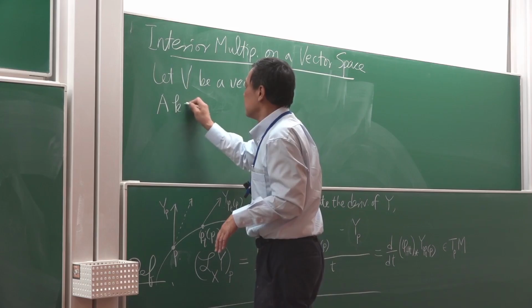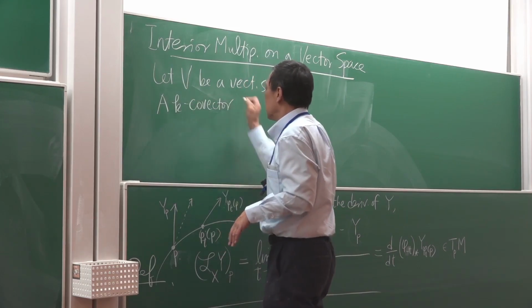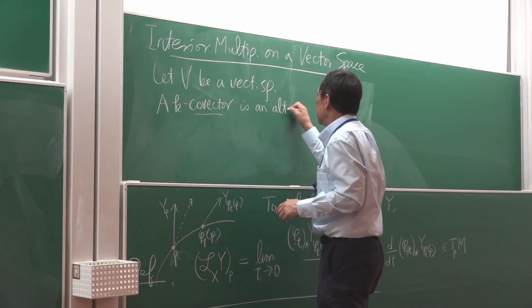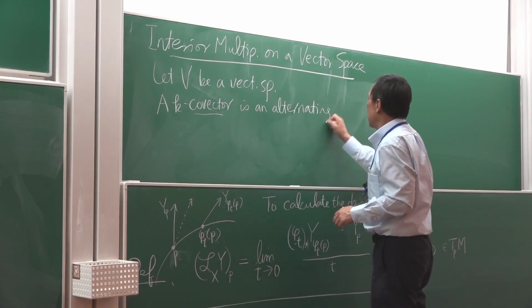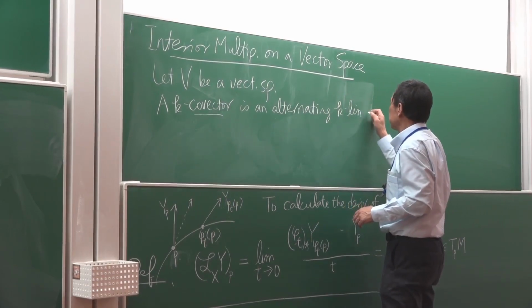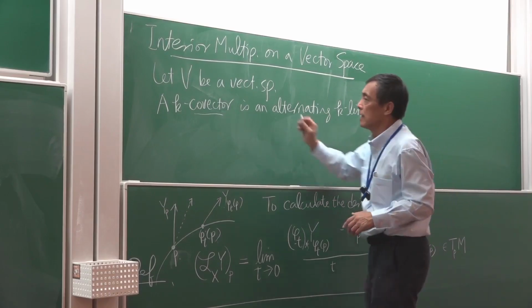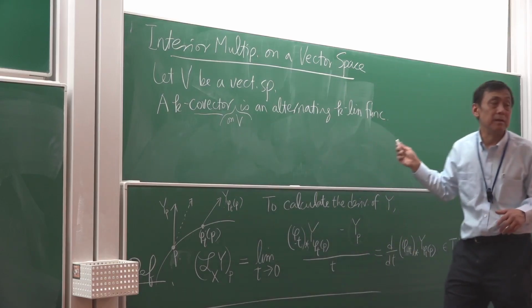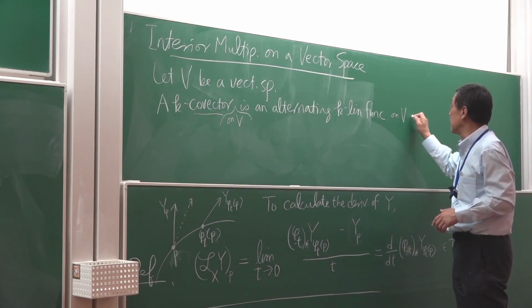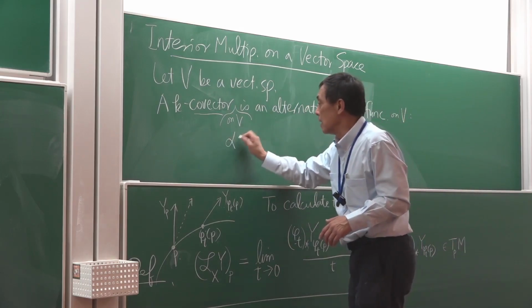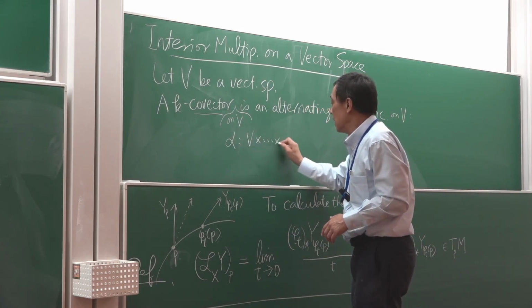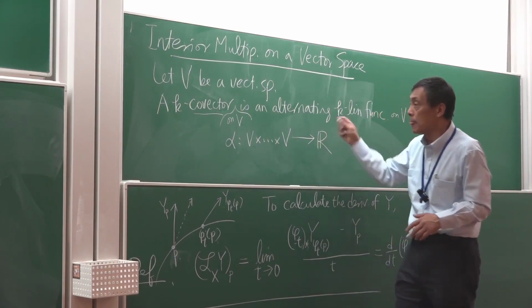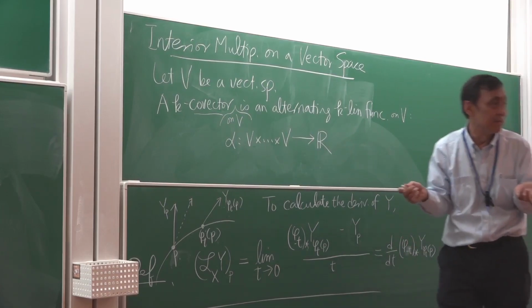Now, a k-covector on V is an alternating k-linear function on V. So that means it has k arguments, okay, and goes into R, and it's alternating.